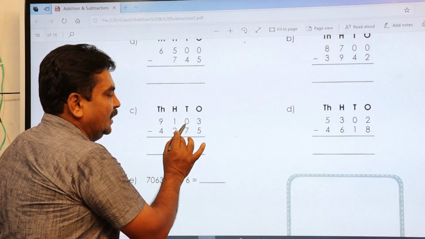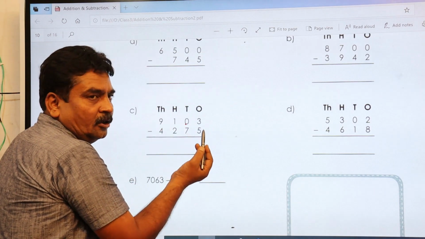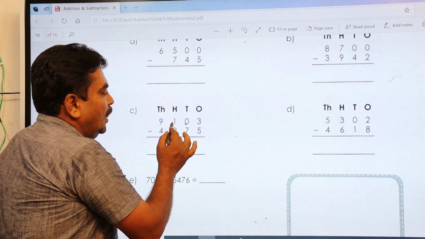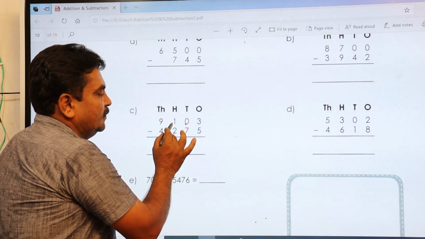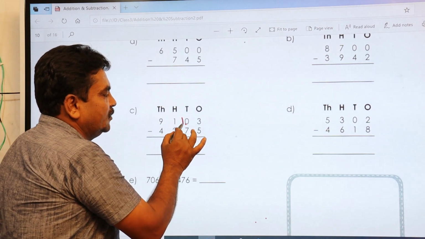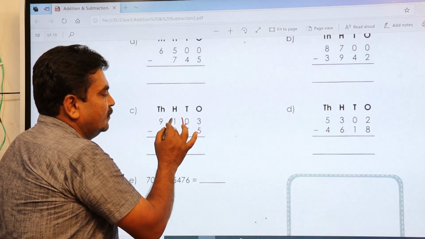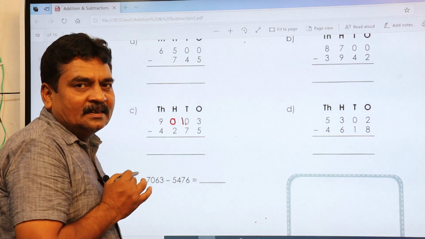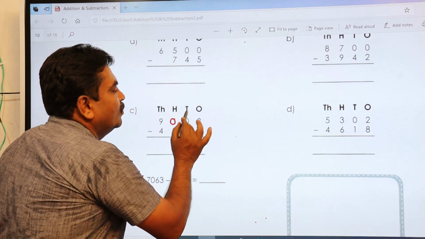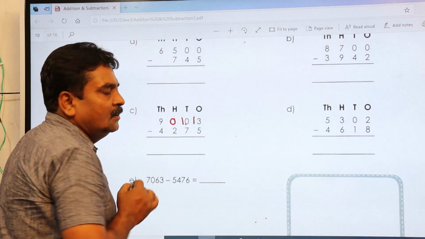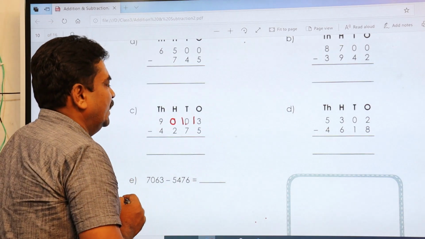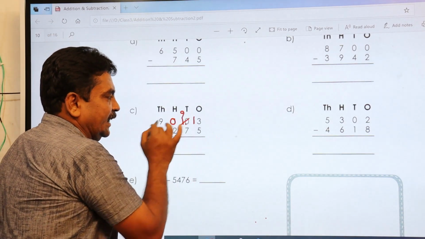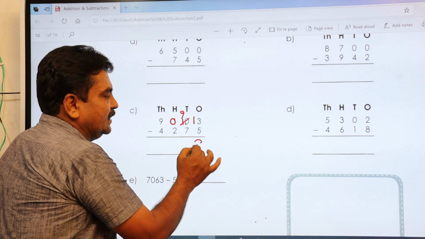But here the number is 0. You cannot carry. That's why you go further a bit. Here is 1. You carry this 1 here, it becomes 10. When you have forwarded this 1, then here it remains 0. From 10 you carry forward 1, it becomes 13. Right? And this 10 becomes 9.